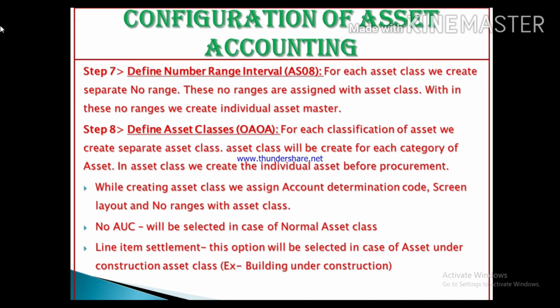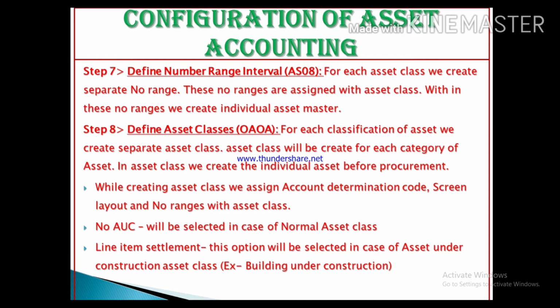Next, step 8 is define asset class under the T code OAOA. In this step, we will classify each asset. We create a separate asset class. An asset class will be created for each category of asset. As we have discussed in a previous video also, what is an asset class?